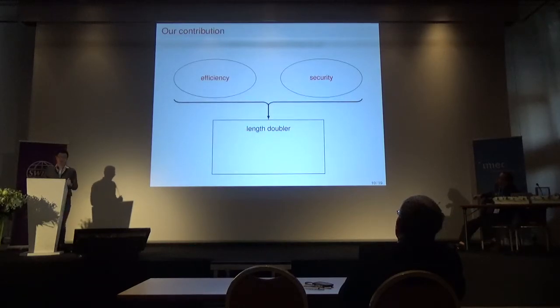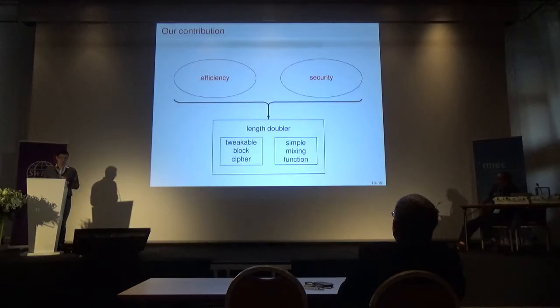For our paper, we want to construct a more efficient and more secure length doubler. We can achieve this goal by using tweakable block ciphers and a simpler form of mixing function than the absolute mixing function. But even with a length doubler, we can only encrypt bit strings between n and 2n minus 1.